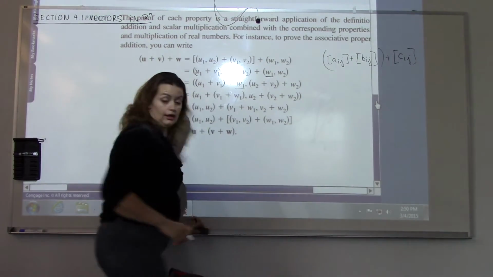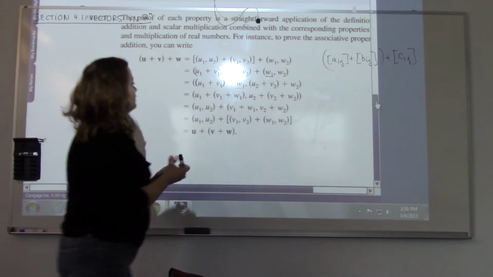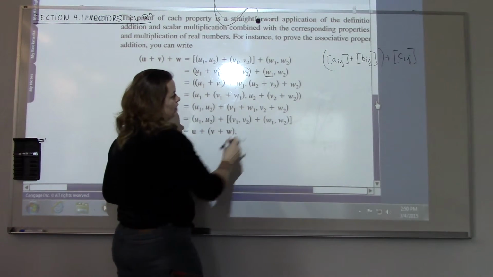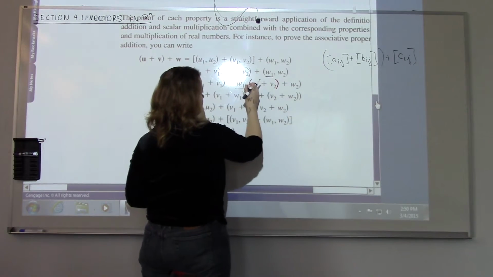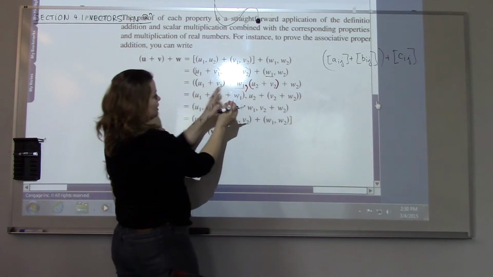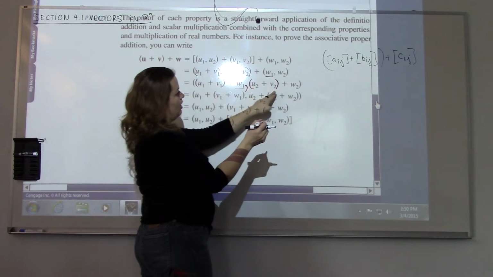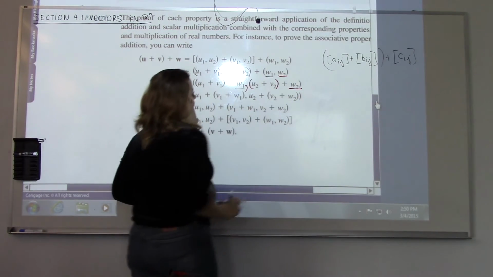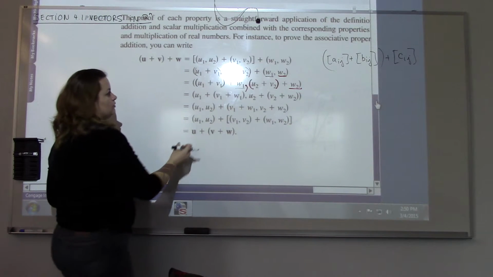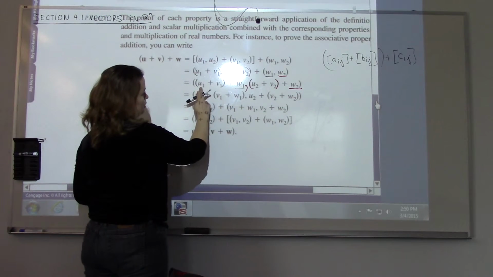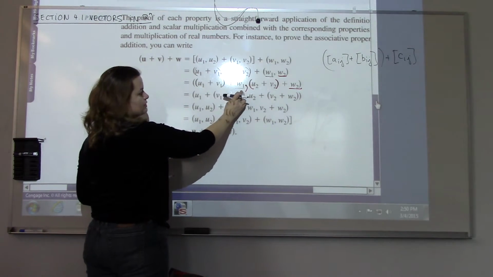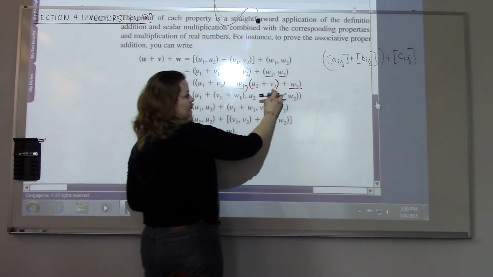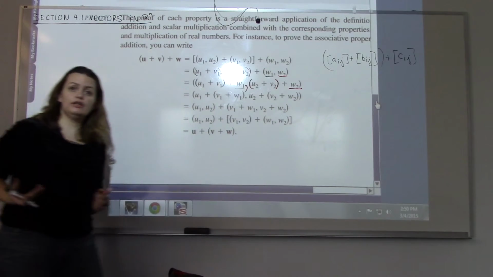Next, I look at the component u2 plus v2, and to this component I add the w2 component. Now I have all real numbers in each component: u1, v1, w1, u2, v2, w2 are all real numbers.